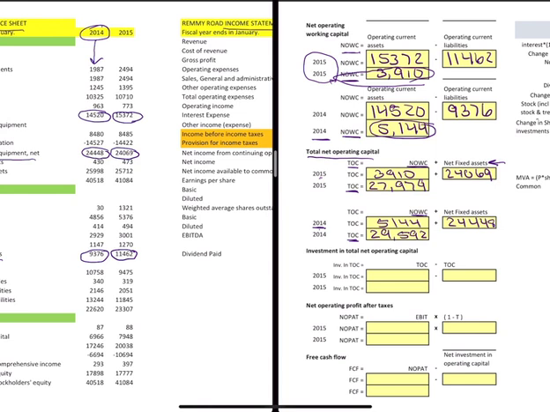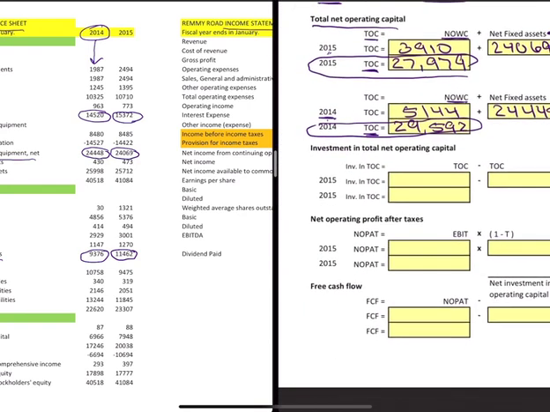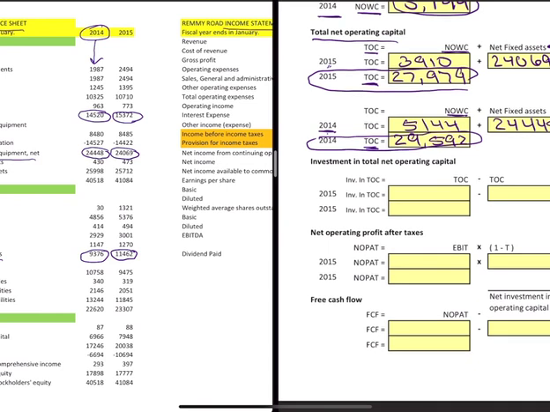So now we have our TOCs for 2015 and for 2014. So what we're going to do next is calculate the investment in total net operating capital. So we subtract one year from the other.